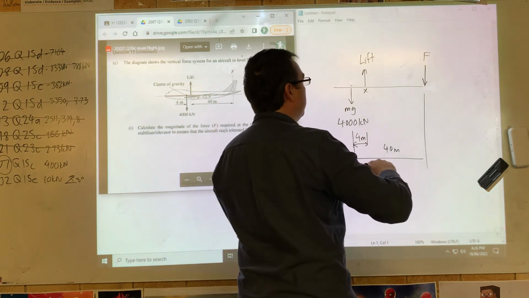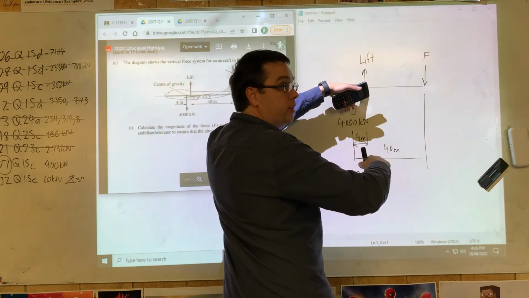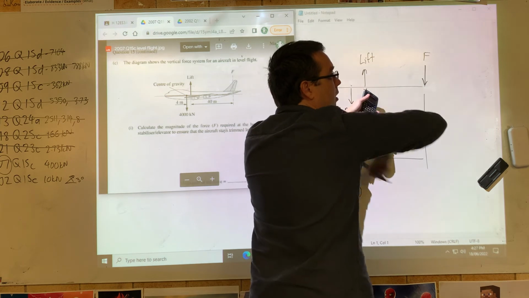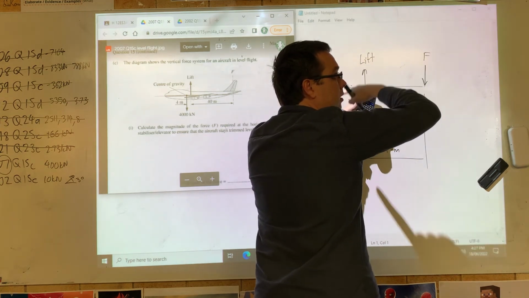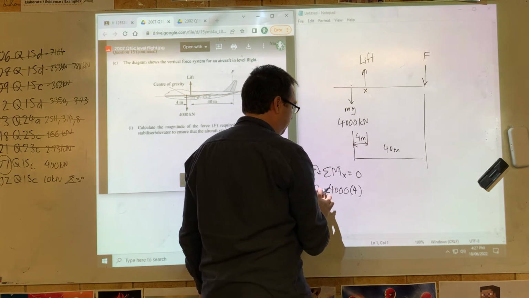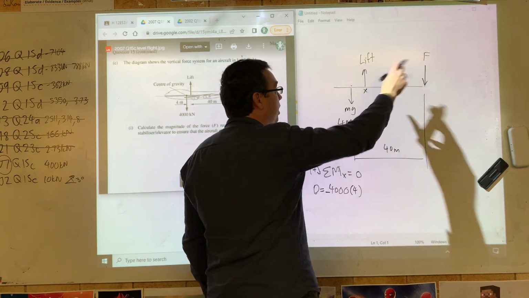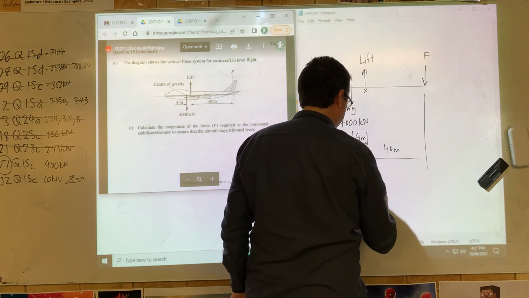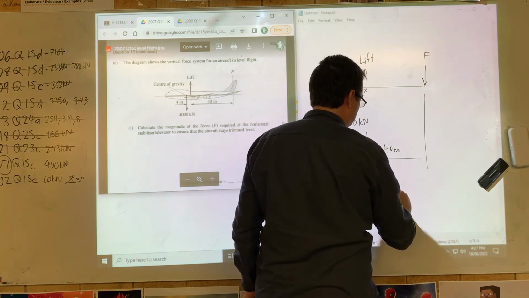Is it going clockwise or anti-clockwise relative to point X? If this is our axis, it's anti-clockwise, so we're going to make that a minus. And then we're going to have F, which relative to X is going to be clockwise, so plus F40.